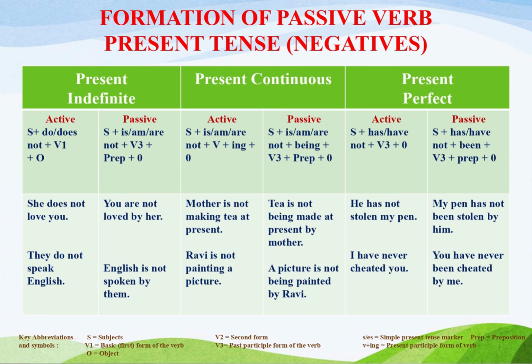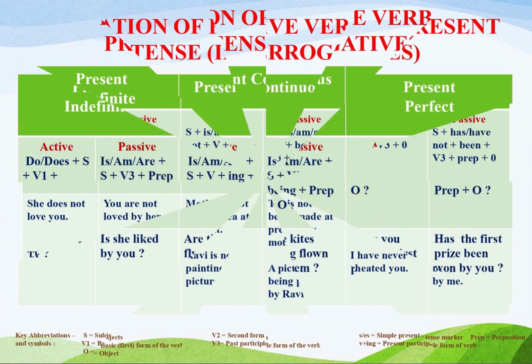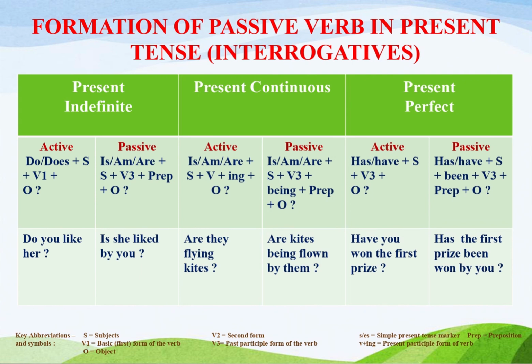Now we see another example. I have never cheated you. You have never been cheated by me. Now coming to the interrogative form, that is do or does plus subject plus first form of the verb plus object.